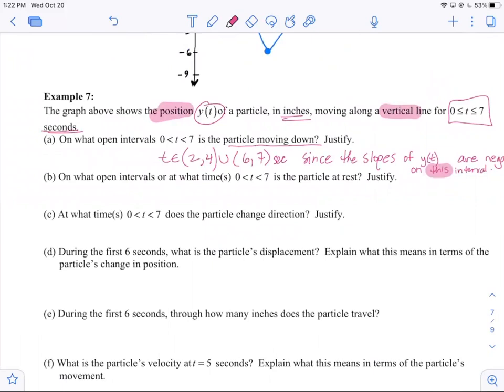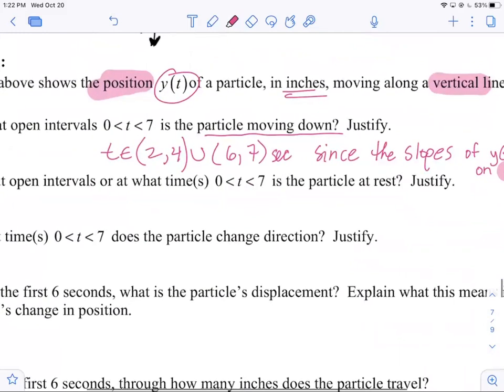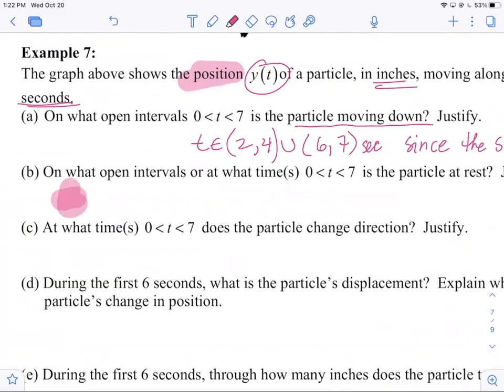All right. On what open intervals is the particle at rest? At rest. What are we going to be looking for? No motion, which means the slope is 0, right? Because the slopes are velocity. Something is at rest when it's not moving. And that's going to be where the velocity or the slopes are 0. That's from 0 to what? 0 to 2. Okay. So we'll say t ∈ 0 to 2 seconds.